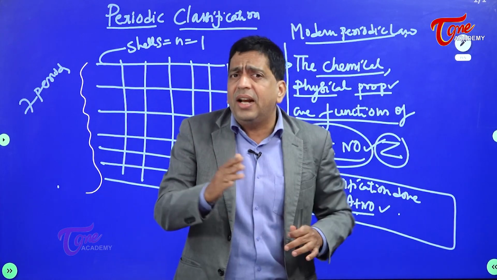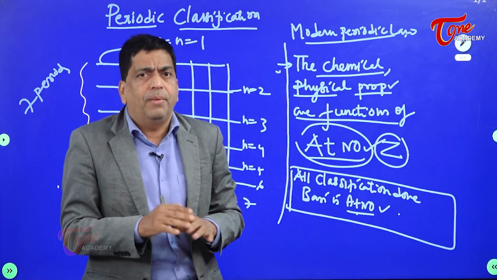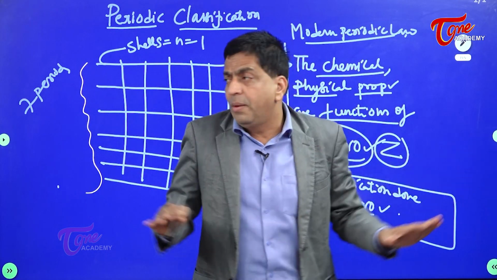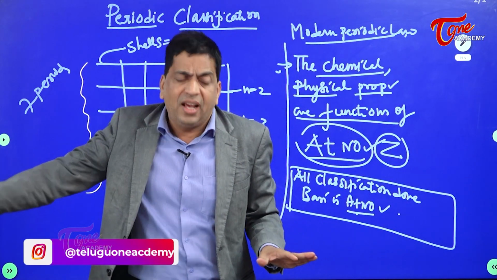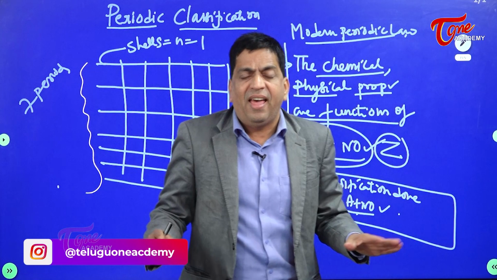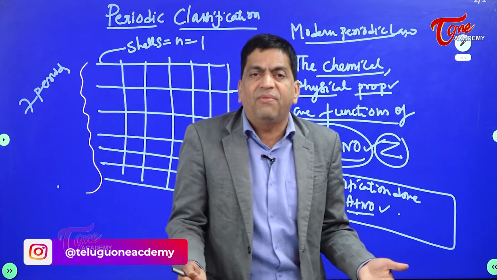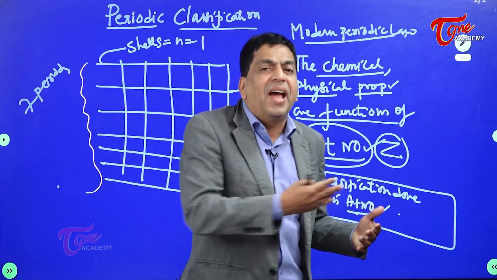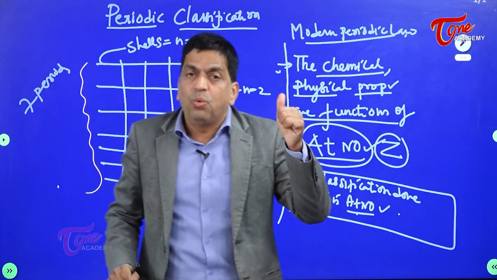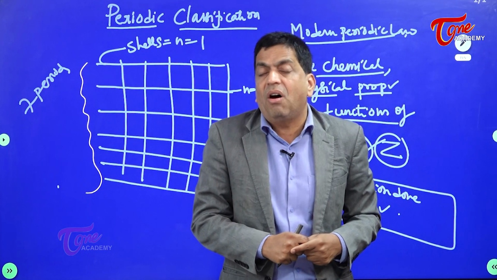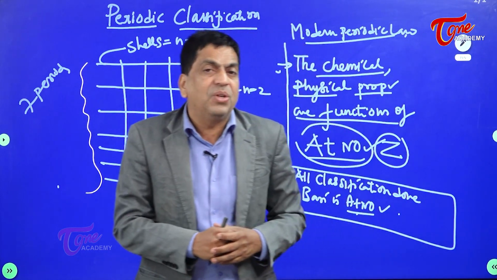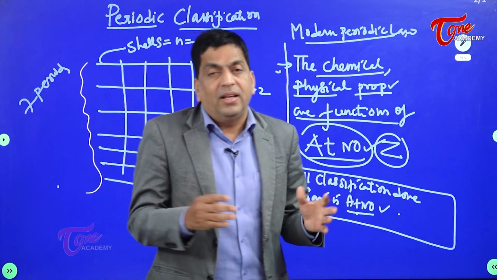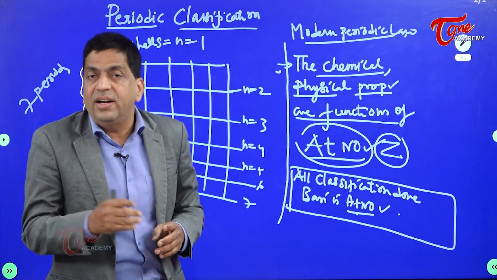So remember, S block 2, P block 6, total 8, and in the D block you have 10, and when you go out from the main frame you have 2. So the periodic table consists of 18 groups and 7 periods, and the periodic table itself is incomplete, and there is scope for other elements being added in future.